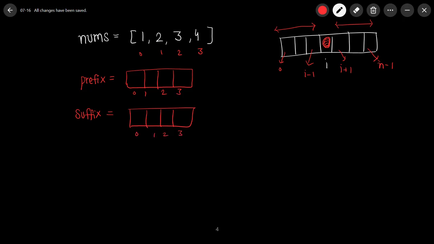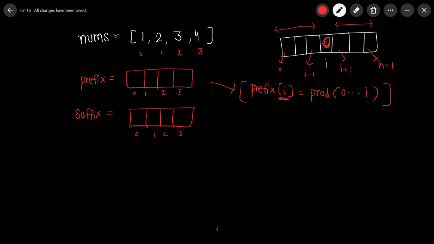So see, let's first talk about the prefix. Prefix of I would store nothing but the product of 0 till I. That means it will store all the products from the starting till the ith index of which we are talking about.